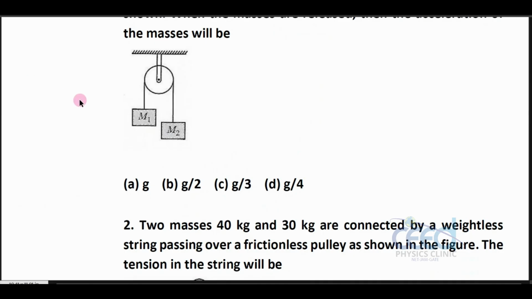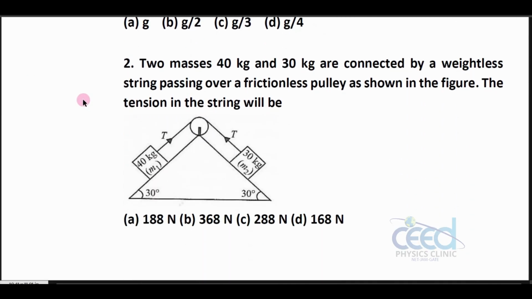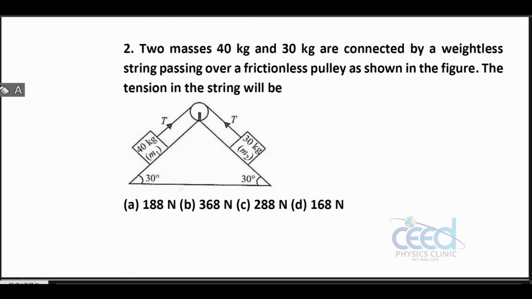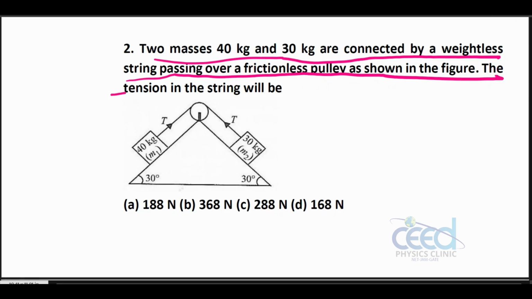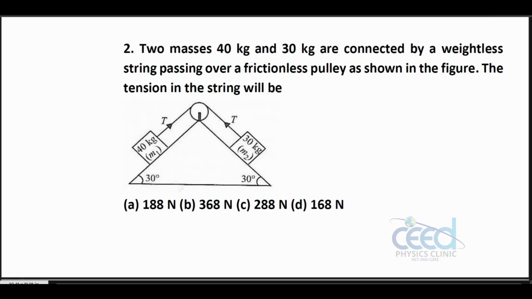Now another question is, see, two masses 40 kg and 30 kg are connected by a weightless string passing over a frictionless pulley as shown in the figure. The tension in the string will be. So definitely in an inclined plane, one body you place here, we already saw the acceleration in the theoretical section.